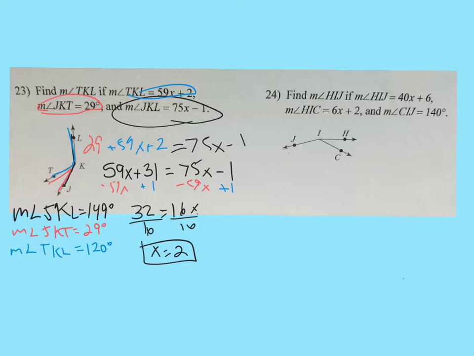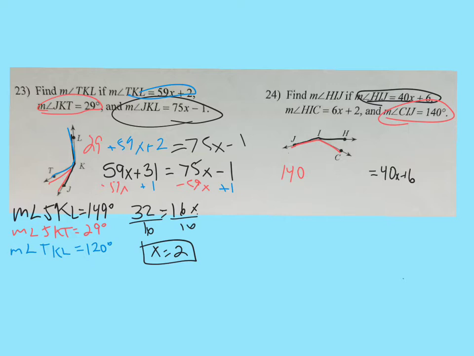24 is the exact same concept. So the first thing I'm going to do is find JIH, or HIJ. So that's 40x plus 6. So I know I'm going to have equals 40x plus 6 on the right side. Now I'm going to find the pieces. So I have JIC, or CIJ. So that's going to be 140 degrees.